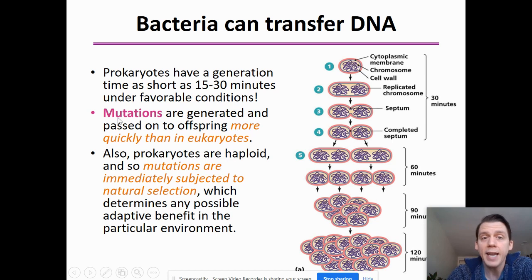There are mutations that happen. So mutations do occur, and that causes some genetic variation. Prokaryotes are haploid, which means that when there's a mutation, it is immediately subject to natural selection. There are no hidden recessive genes in a prokaryote, and that's because prokaryotes are haploid.